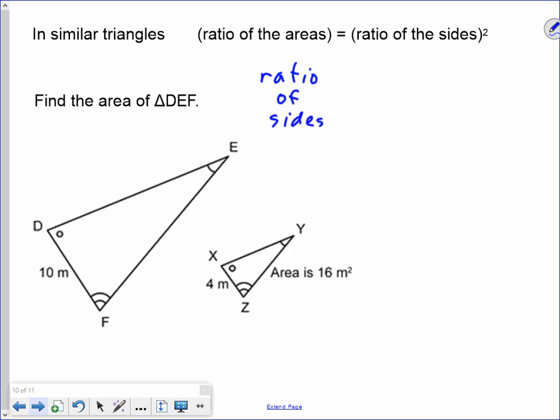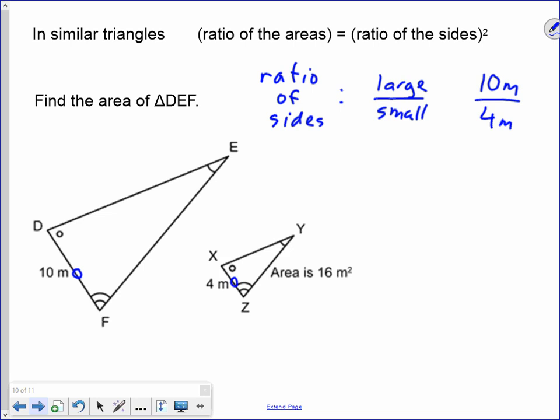We can write this as, let's do it as large over small. In our large triangle, we have 10 meters. And in our small triangle, we have 4 meters because this side and this side are corresponding.